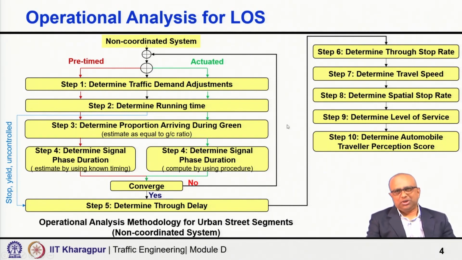A similar flow chart was shown to you for coordinated system, and the only difference was this connection, where for non-coordinated system the stop, yield and uncontrolled intersections may also be included and analyzed, but in a coordinated system, obviously the stop, yield and uncontrolled intersections cannot remain present.